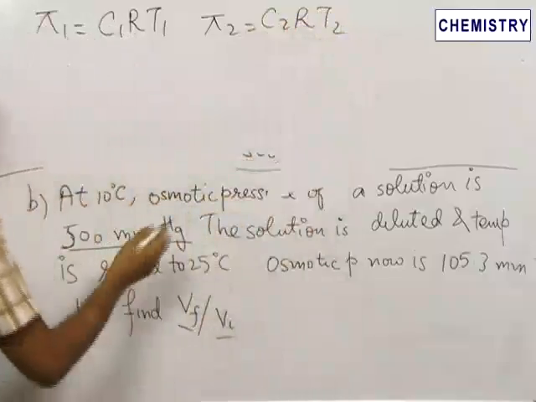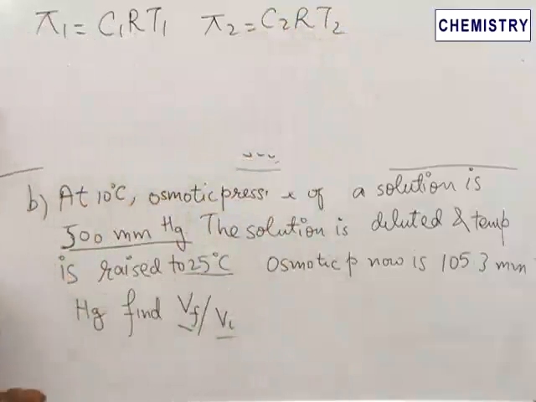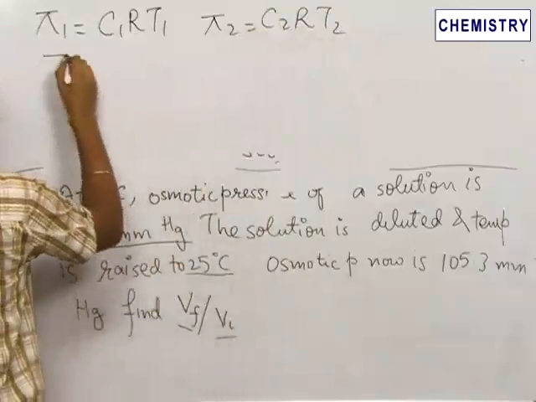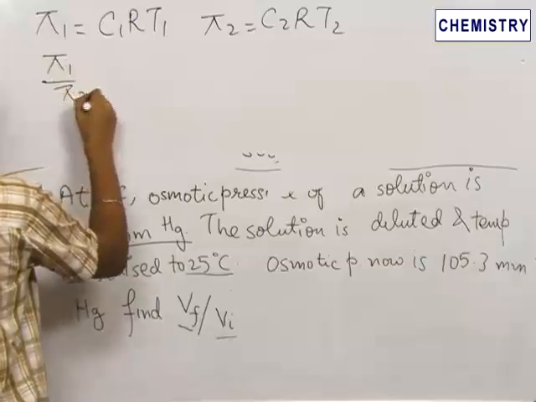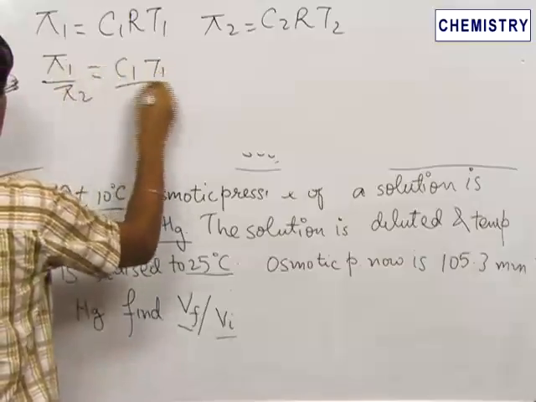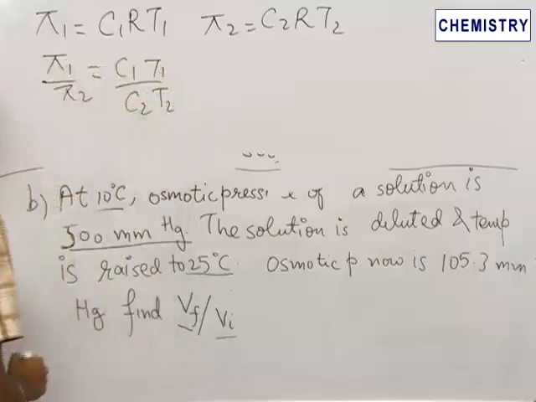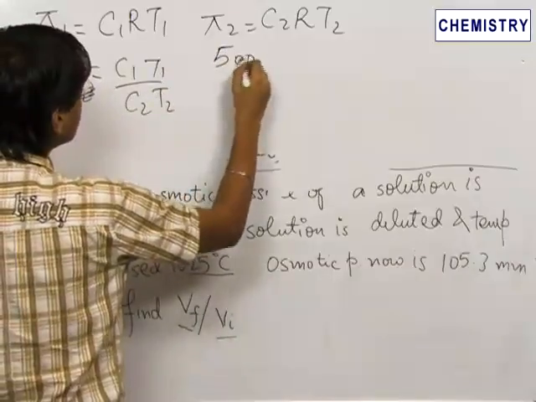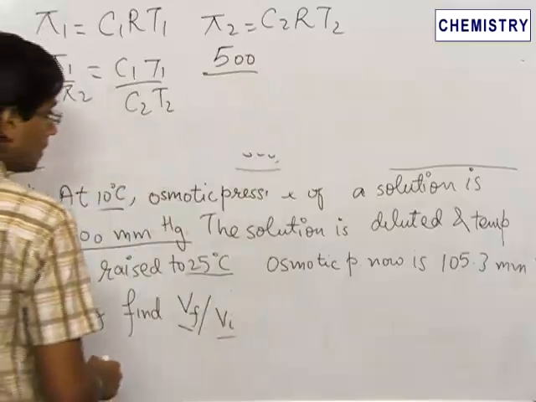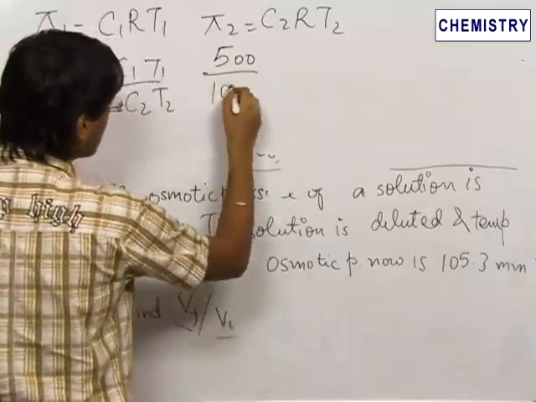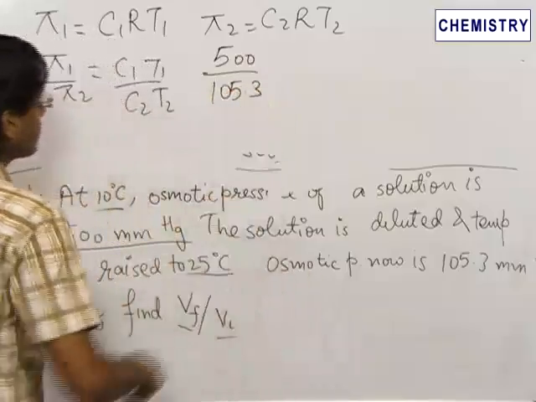If temperature T2 is 25 degrees Celsius and temperature T1 is 10 degrees Celsius, let us take the ratio pi 1 upon pi 2 is equal to C1T1 upon C2T2.